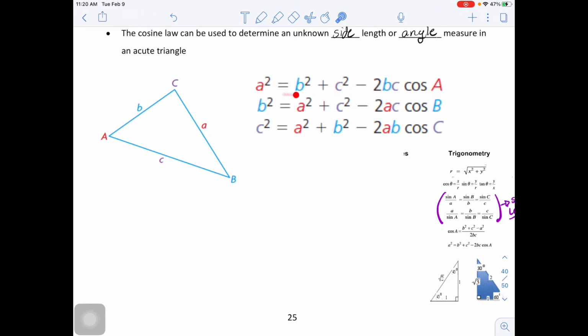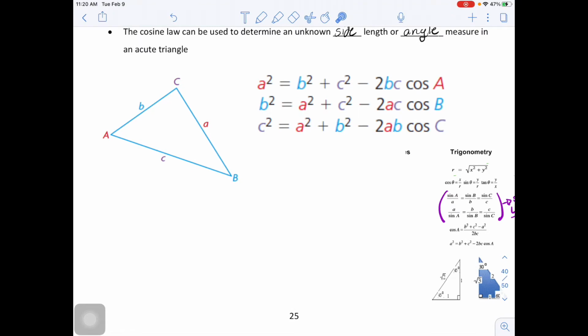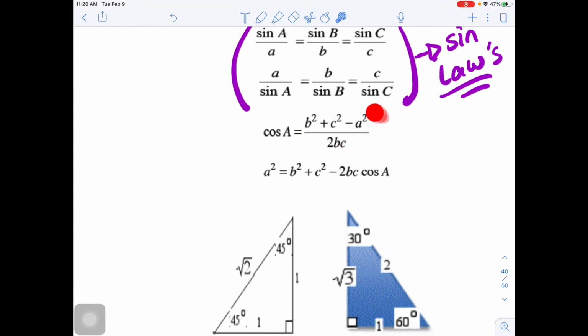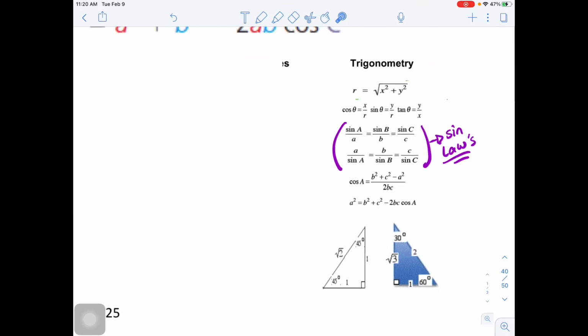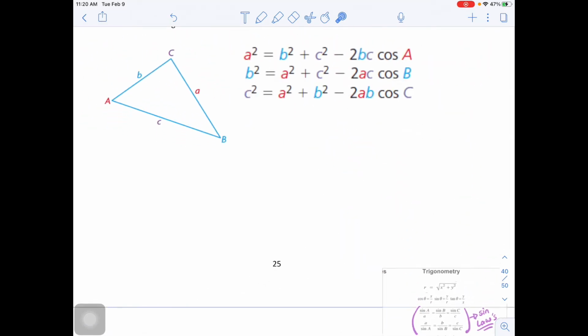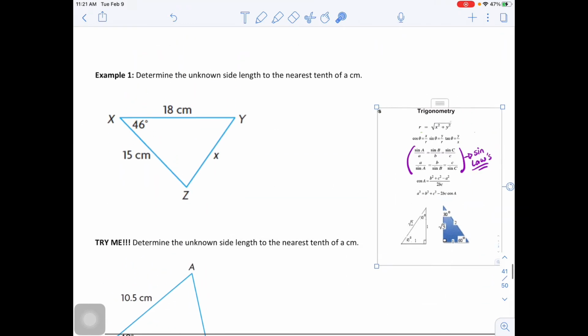So if you know all the side lengths except for one, but you know the opposing angle of that one you're trying to find, you can find it. Whereas on the other hand, as soon as you have every single side length, you can find any angle that you want, which is very, very nice. So let's bring this down and try out a few questions.